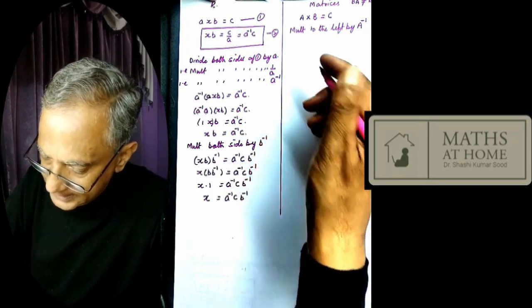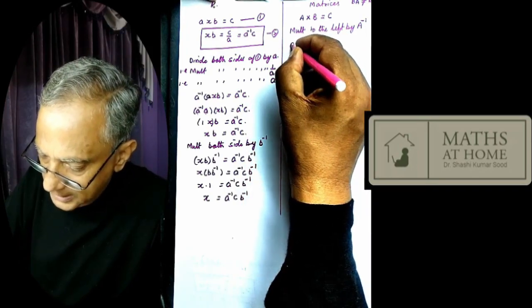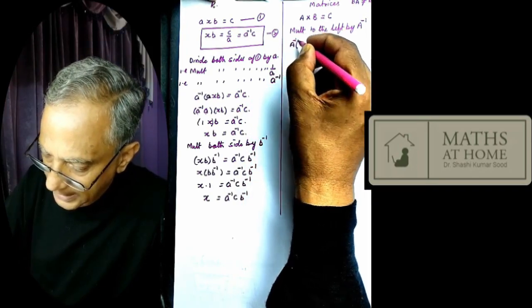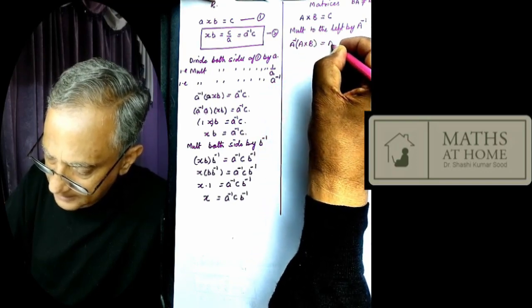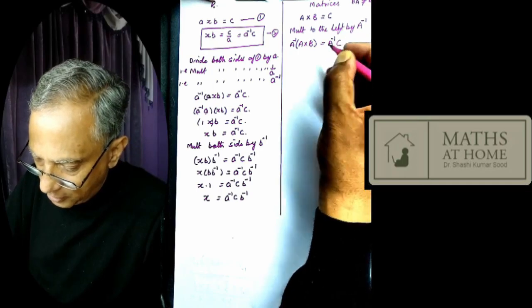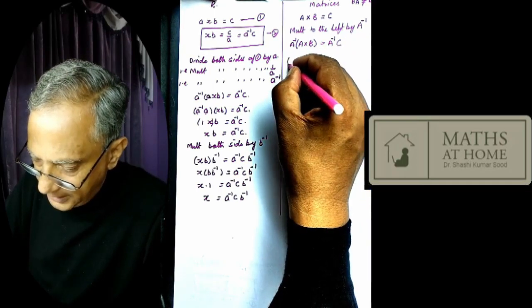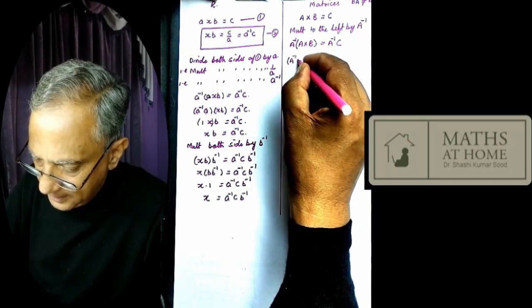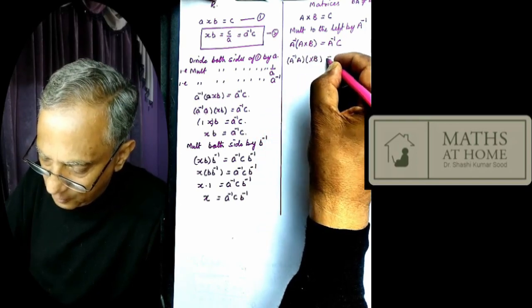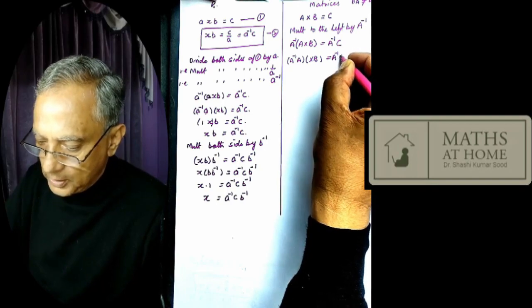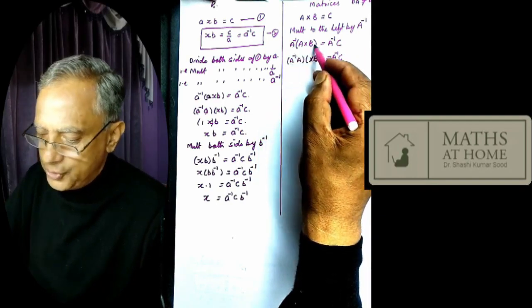So what we get is A inverse into AXB is equal to A inverse C. Now using associativity, A inverse A into XB is equal to A inverse C. These brackets can be changed.